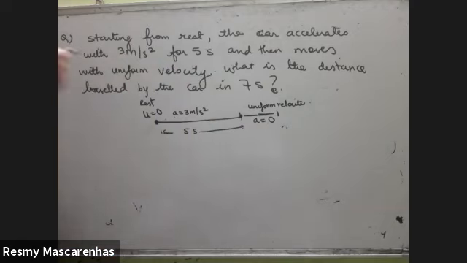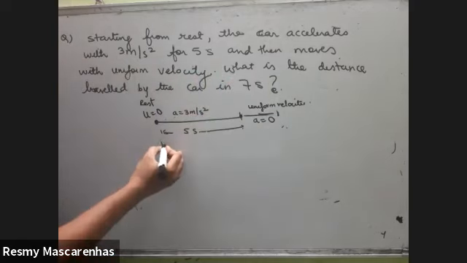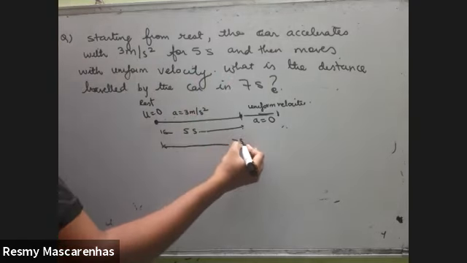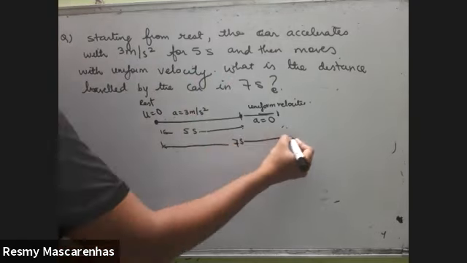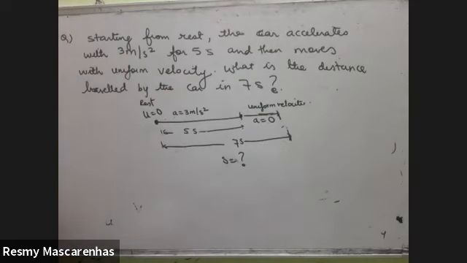So what have they asked? What is the distance traveled by the car in 7 seconds? So for the first 5 seconds, acceleration is 3 meter per second square.